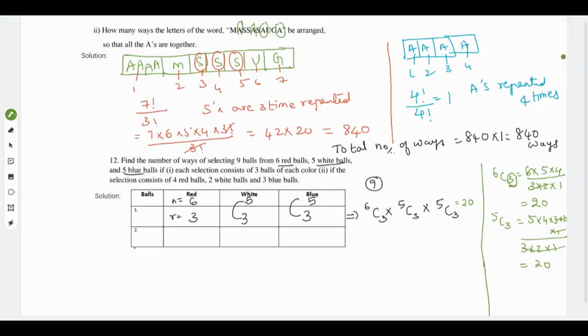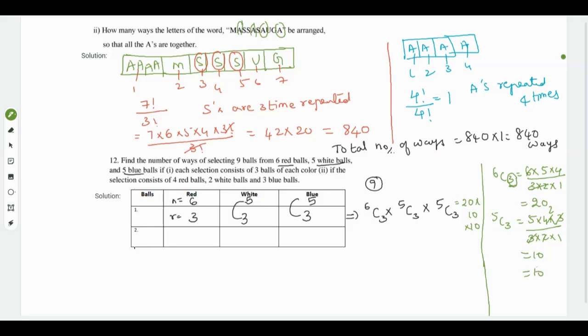Here also we need to write only 3 terms, not 5 terms. So 3 and 3 cancel. 2 one time, 2 twos are 2, 5 twos are 10. So the next value will be 10, and the next 5C3 is the same, again 10.